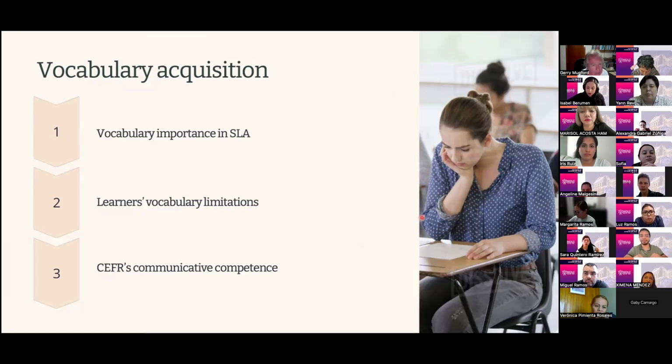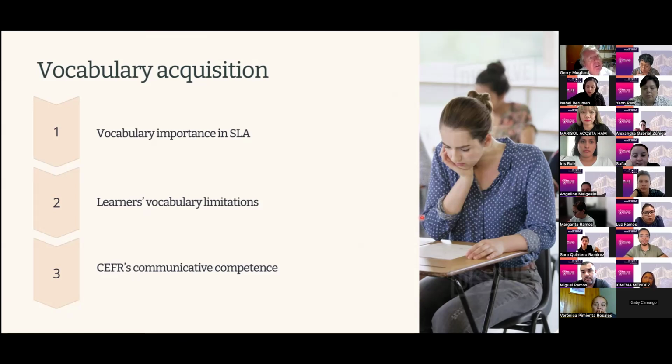I previously explained that students understand, but they don't have a way of producing the language. And that is one limitation to really talk and explain and have a really good conversation in English.